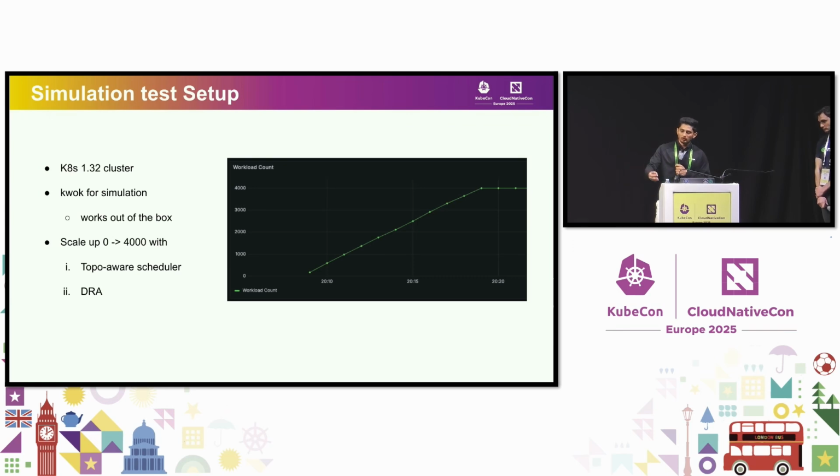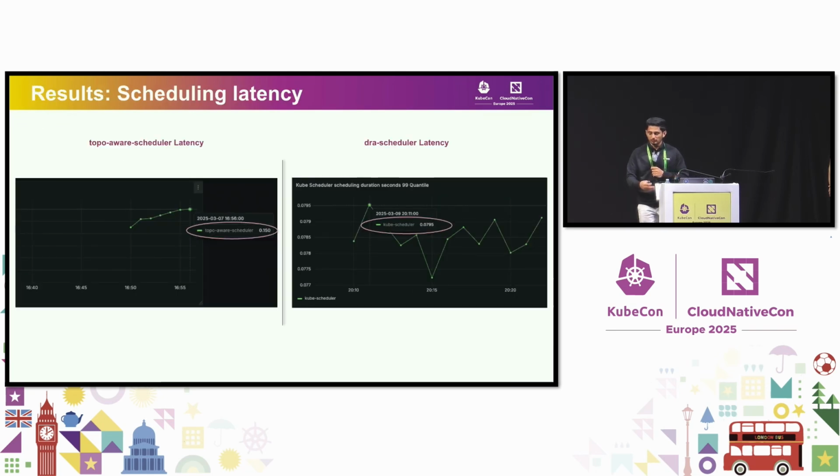So with KWOK, talking a little bit about the scale test. So we had 132 cluster. We had KWOK installed, and we would scale from 0 to 4,000 workloads. And we would do that for topo-aware scheduler and DRA and compare certain metrics, right? So the first metric we compared is the scheduling latency.